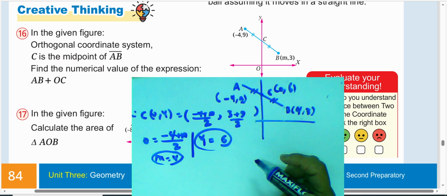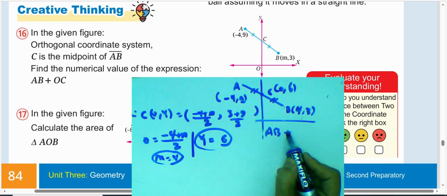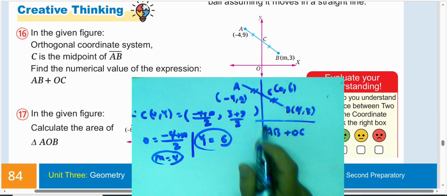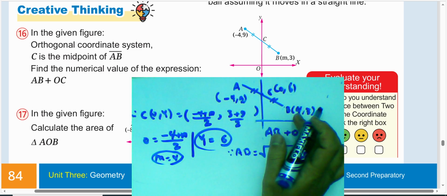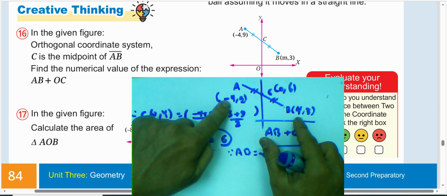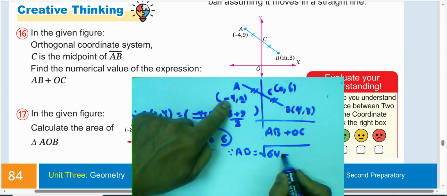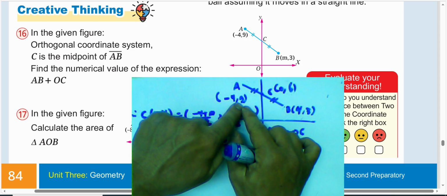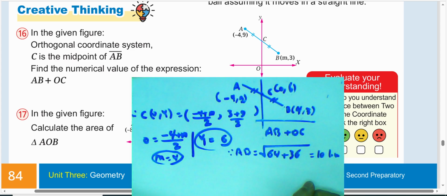We want to find the length of AB plus OC. Okay, we can find AB, the distance between 2 points. 4 minus negative 4 is 4 plus 4, 8. 8 to the power 2 equals 64. 3 minus 9 is negative 6, and the power 2 is 36. The length will be 10 length units. So AB is 10 length units.